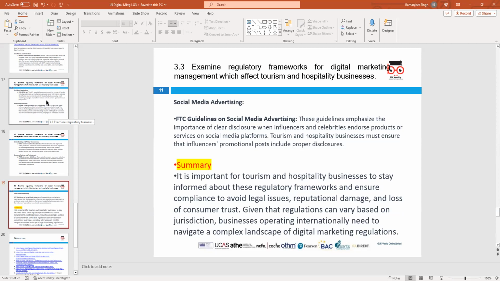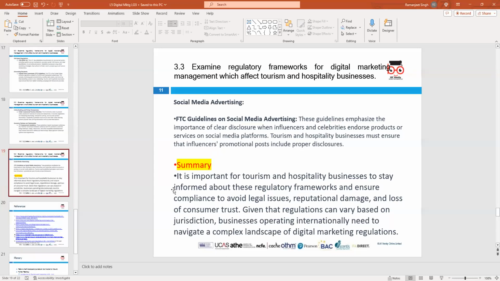There is all sorts of other information, and it's important for the tourism and hospitality trade to stay informed about these regulations, and to make sure that people comply with them. Otherwise the companies will have all sorts of claims against them, and ramifications for their reputation, loss of business, and loss of trust, so that people will not really do business with them.